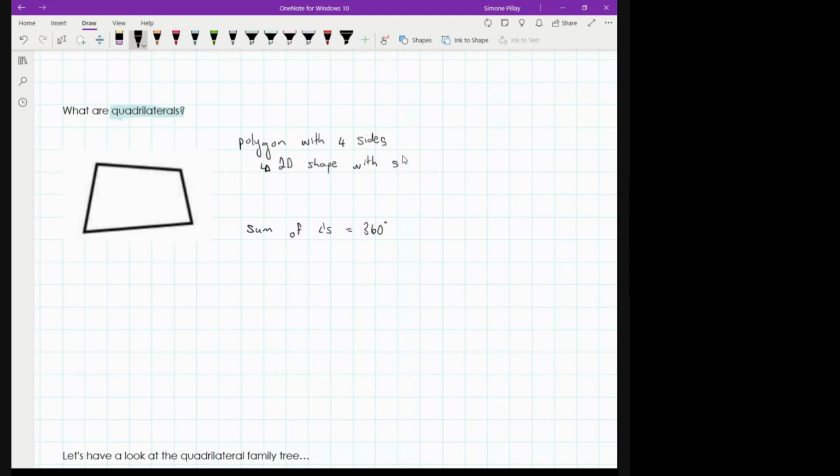It's a 2D shape with only straight sides. Thank you very much, Bree. So a polygon is a 2D shape with straight sides, and a quadrilateral is a polygon with four sides. So it's a four-sided polygon, a 2D shape that has four straight sides.